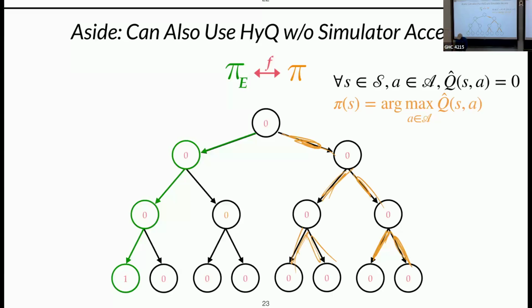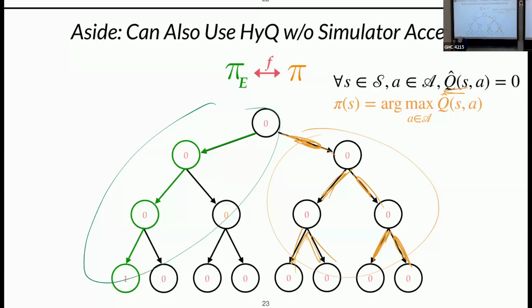So if I imagine fitting some Q hat both on all of this data and on this expert data, right, things become much easier. Because what I'll see is, okay, at this state, I'm gonna call it S2, I know that if I acted optimally from this, I get reward 1, right?